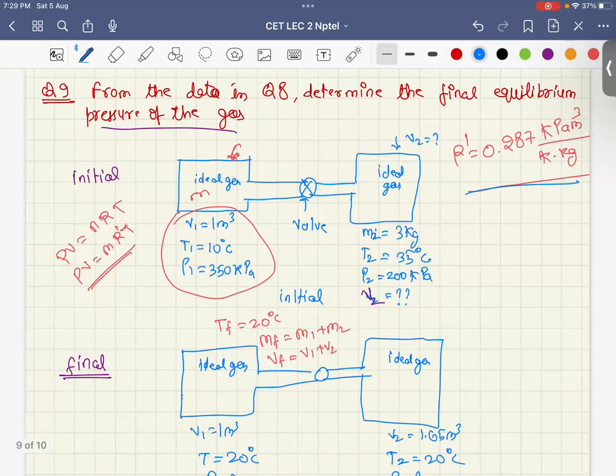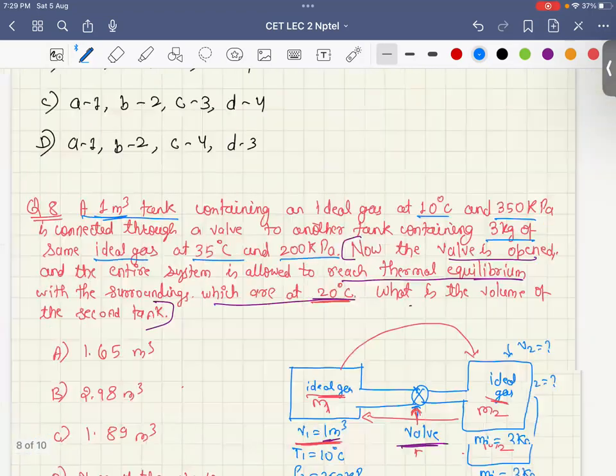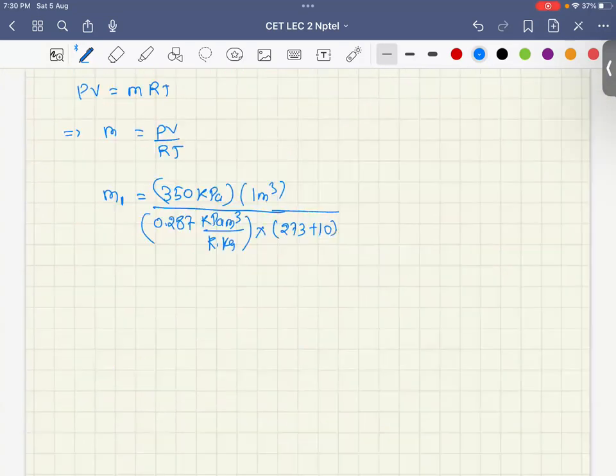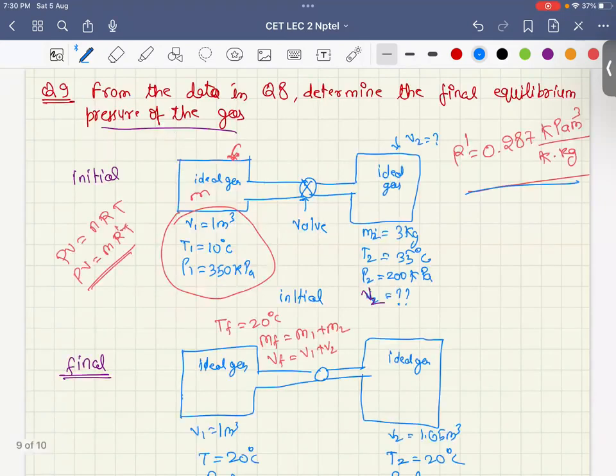The temperature is 10 degrees centigrade, which is 273 plus 10. m1 comes out to be around 4.309 kg. Okay.